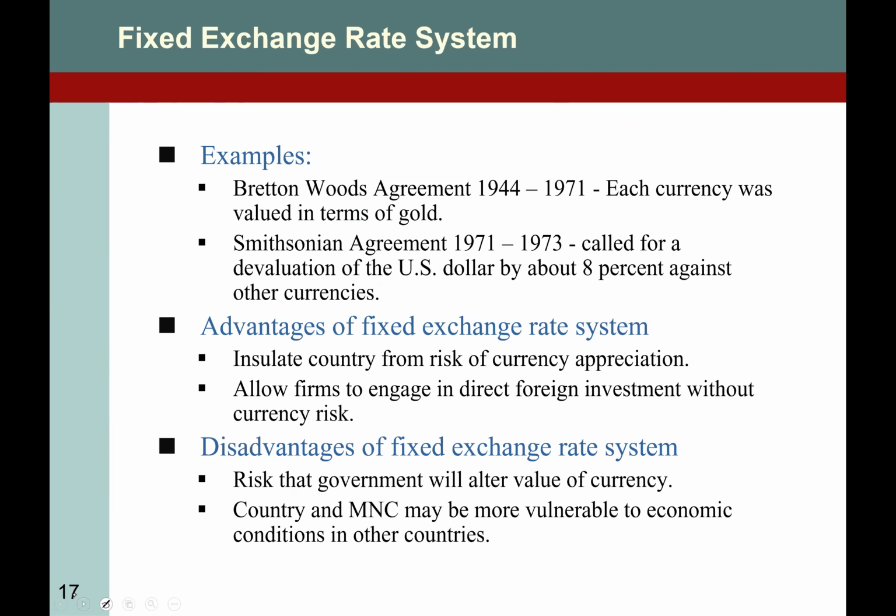So examples: in the era 1944 to 1971, there was the Bretton Woods agreement, and they said that we are going to fix the value of currencies according to a unit of gold. Then came the Smithsonian agreement, 1971 to 1973, which called for a devaluation of the US dollar of about 8% against other currencies.